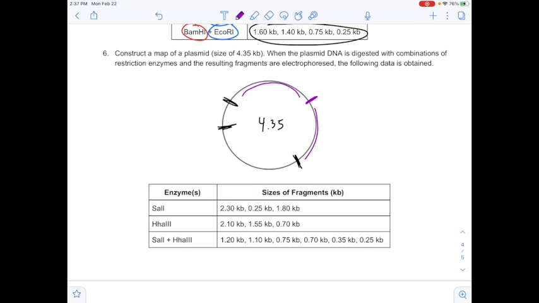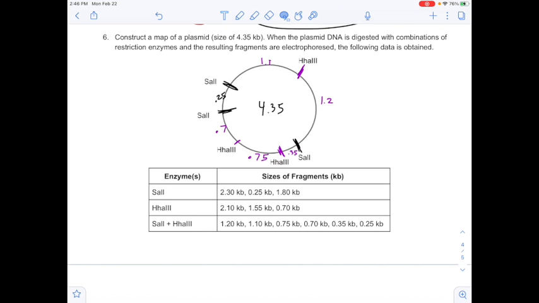So there would be like the 120 and the 110, for instance. Okay, now we're gonna take this 1.8 and cut it up into a 0.75, 0.7, and 0.35. Because we're gonna leave that just that, we're gonna leave that.